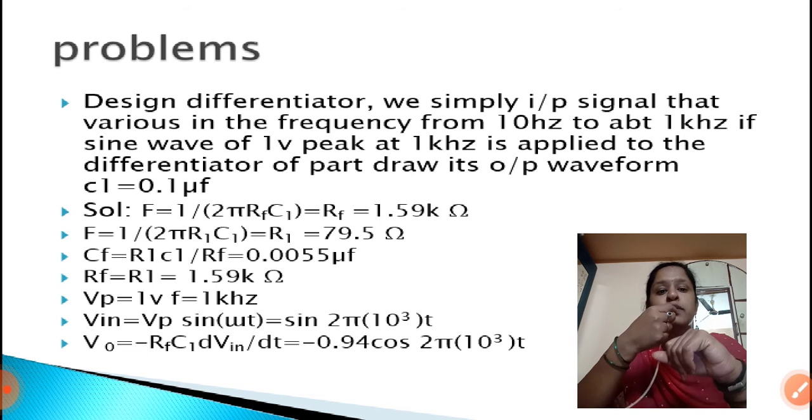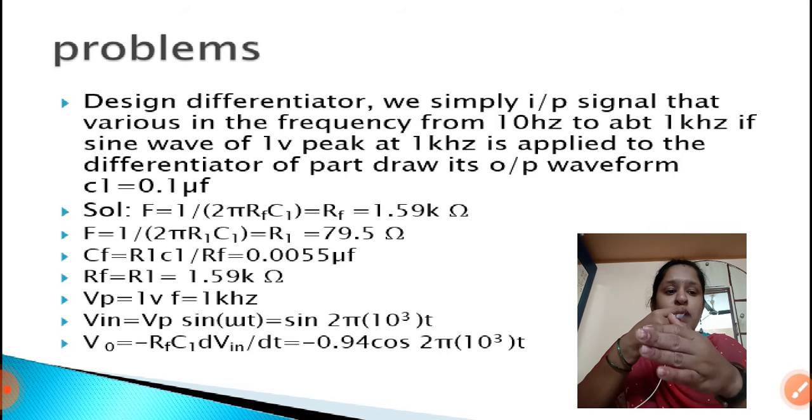Now I'm going to explain the one example I took from the differentiator. Design the differentiator for an input signal that varies in frequency from 10 hertz to about 1 kilohertz.